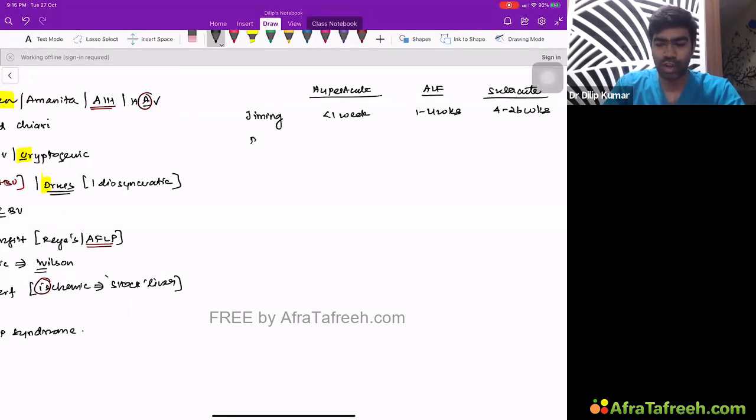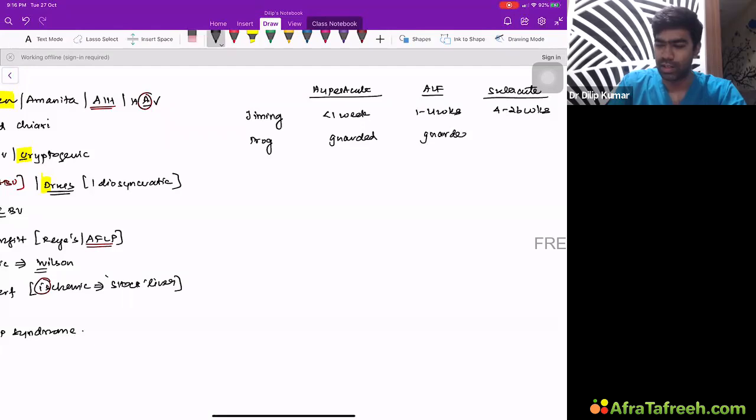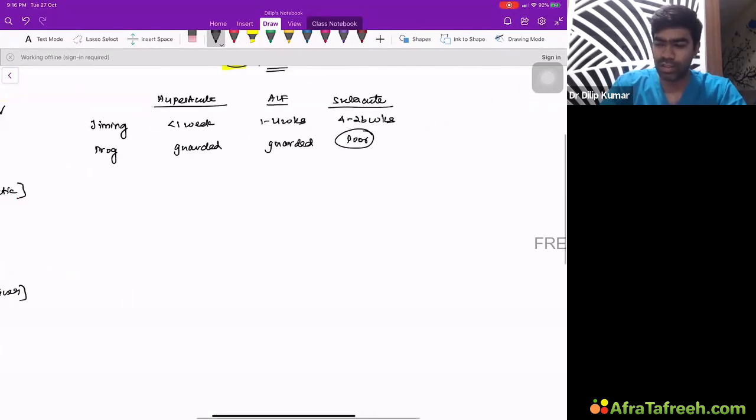For example, if you talk about prognosis, it is a guarded prognosis here, in the sense that I cannot tell good or bad. Prognosis is a little guarded in patients developing hyperacute and acute forms, but subacute forms invariably have a poor prognosis. Similarly, when somebody asks you about ALF versus chronic liver failure, when liver failure happens beyond 6 months, we call it chronic liver failure.